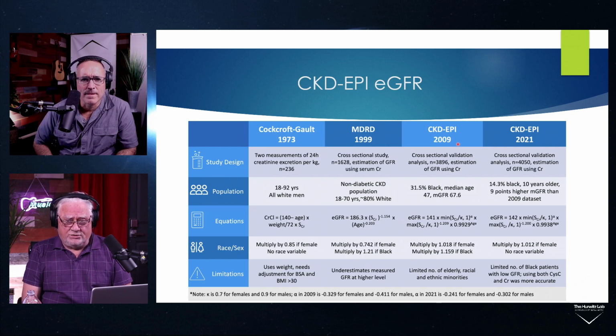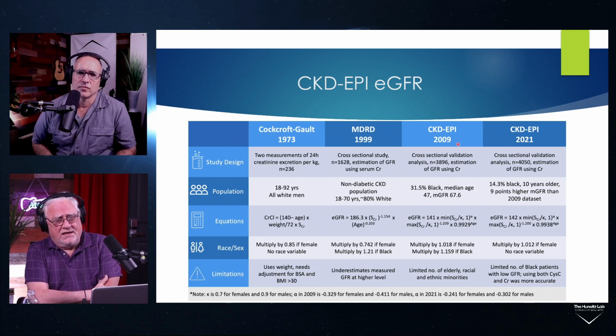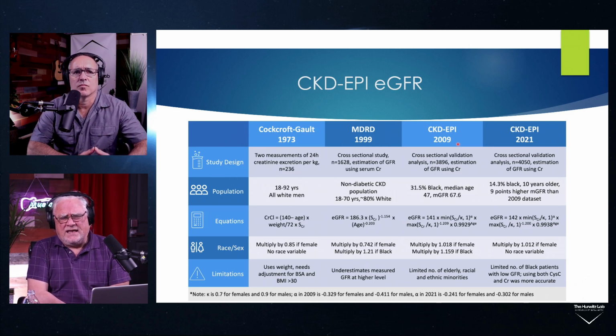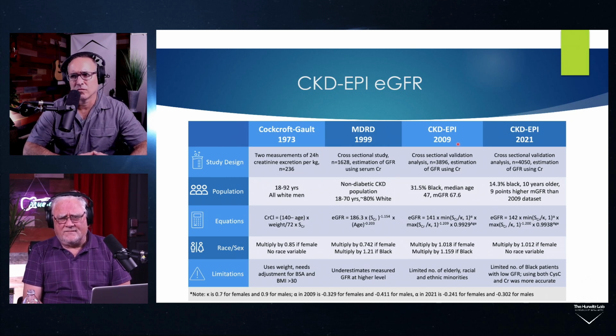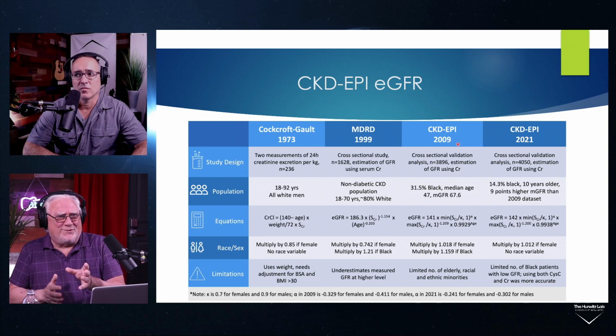And using that data, they were able to generate the CKD-EPI equation that we could use in basically everybody as an estimate of what their GFR was. And again, I think even moving to that GFR of greater than 60, having this equation available made people realize, wow, maybe there are things going on.